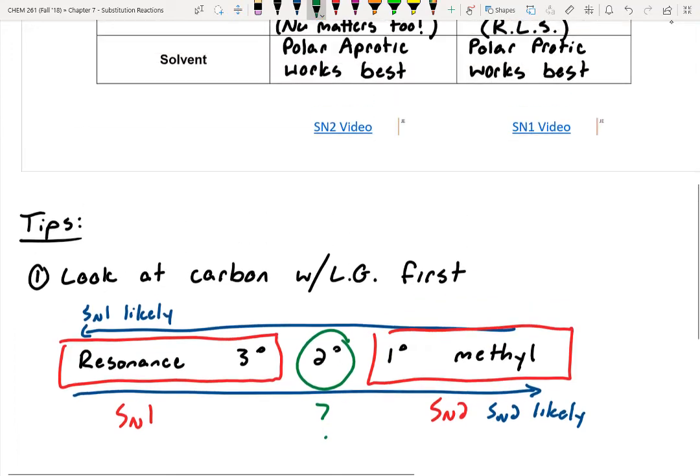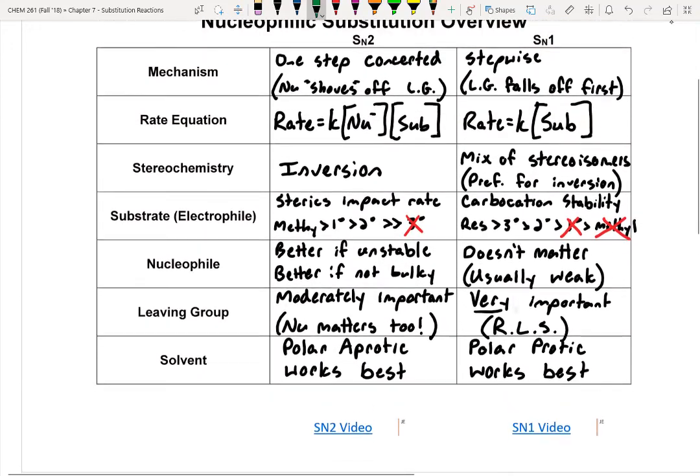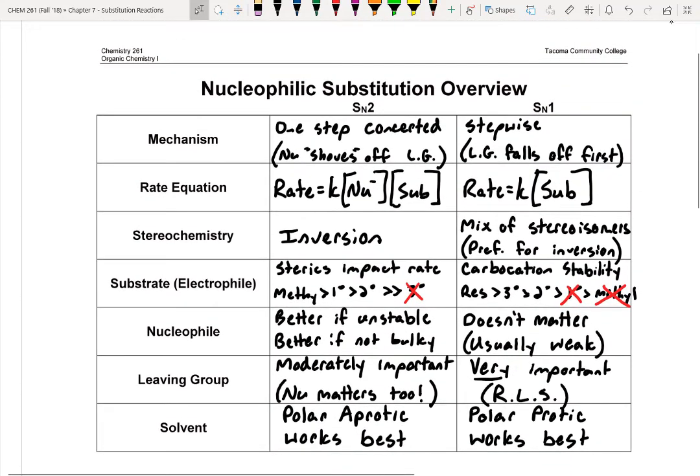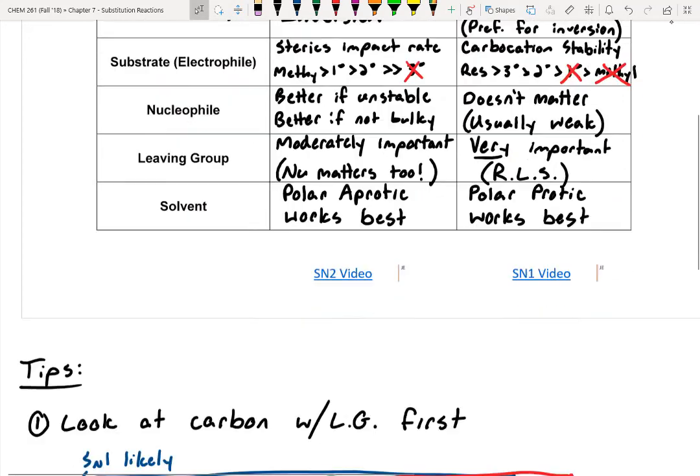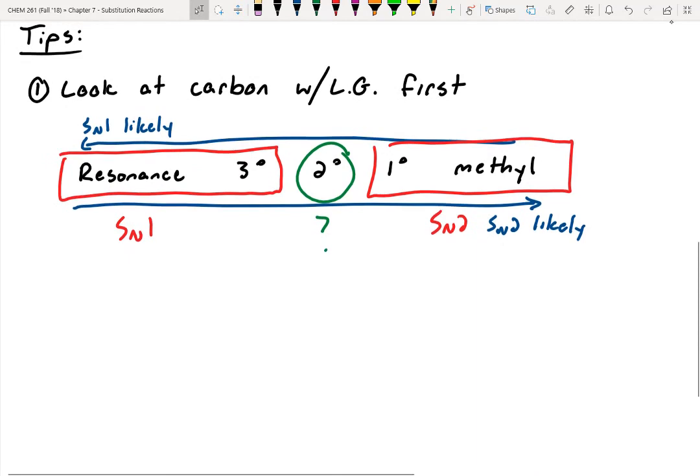Well, we could go to our chart and find some other distinguishing characteristics for the reaction. We could look at the nucleophile next. That's what I would look at. If unsure, check your nucleophile.